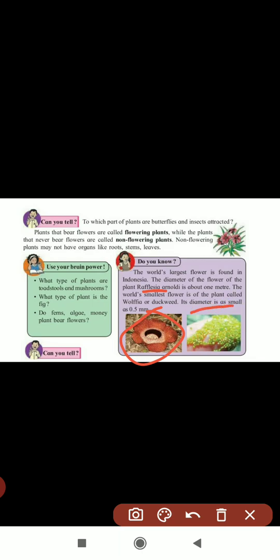Its diameter is about 0.5 millimeter. So one flower is 1 meter and the other is very small. Keep this in mind; it is for general knowledge also, and sometimes it is asked in the question paper also. Understood, children?